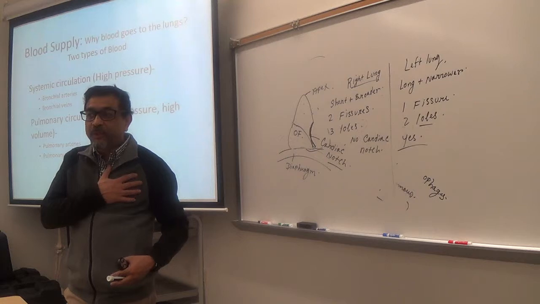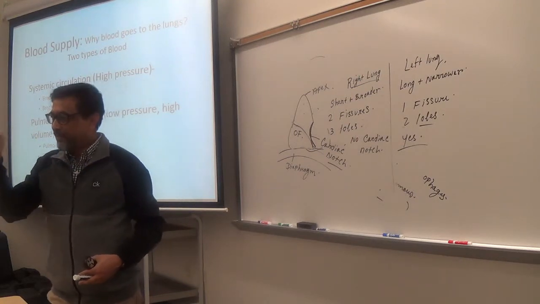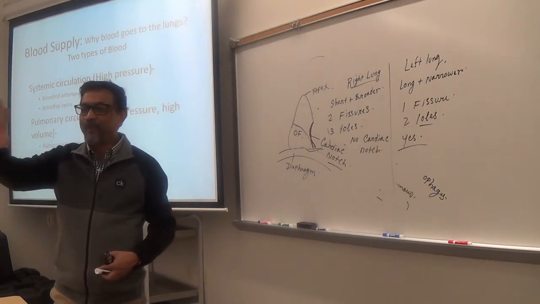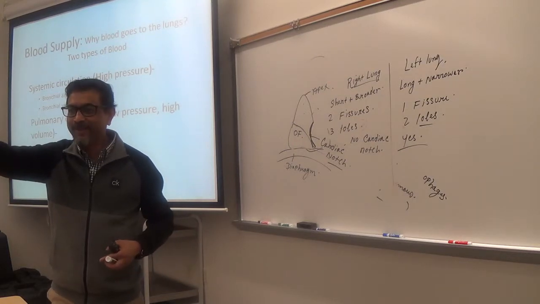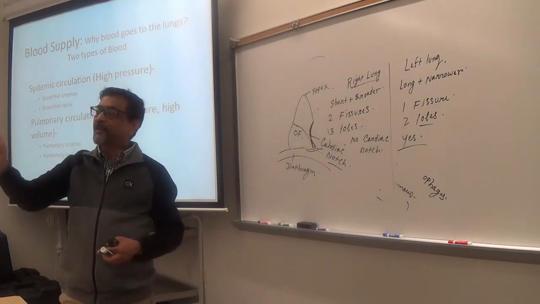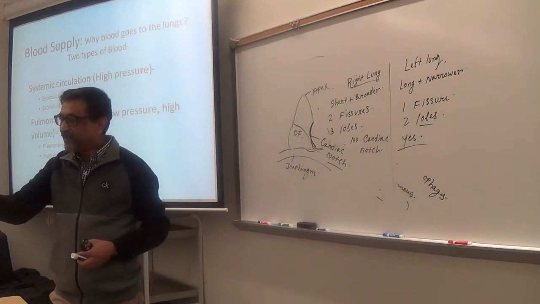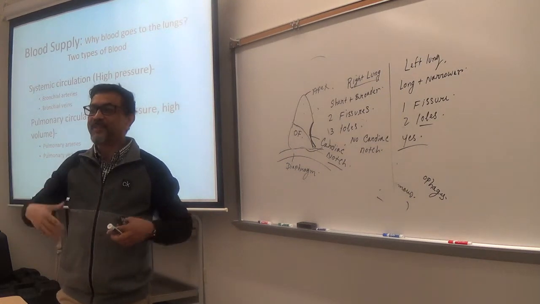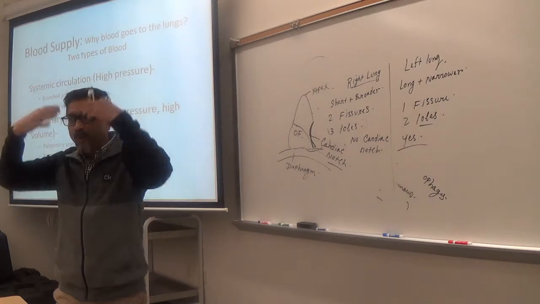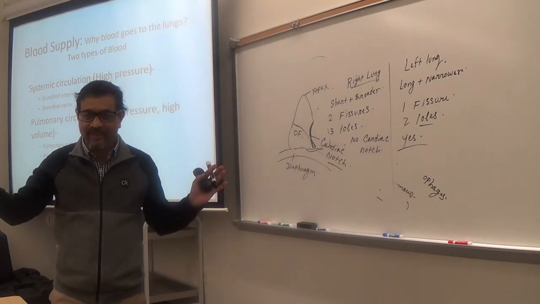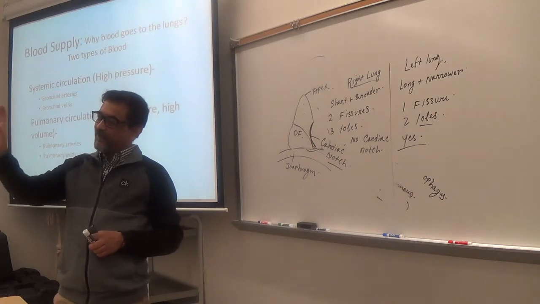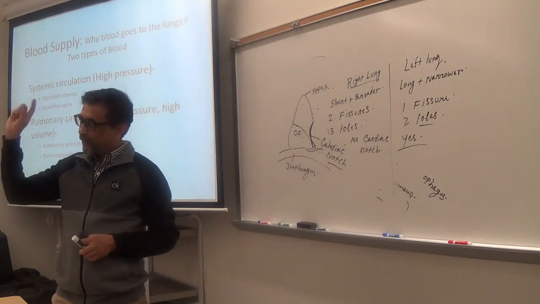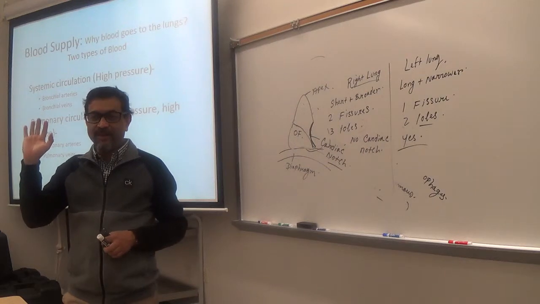So lung tissue receives oxygen not from pulmonary circulation, because pulmonary circulation takes deoxygenated blood to the lung, right? So lung tissue needs oxygen, and that oxygen comes from systemic circulation between the heart and the whole body. The whole body includes the lungs, right? Tissue. So you see, your lung has two types of circulation, pulmonary and systemic, right?